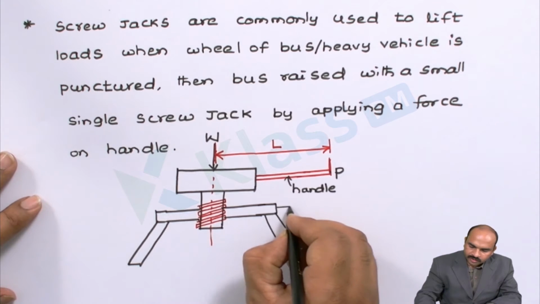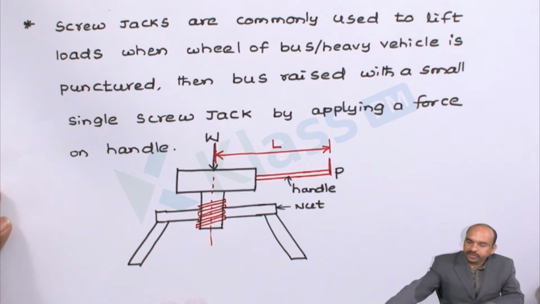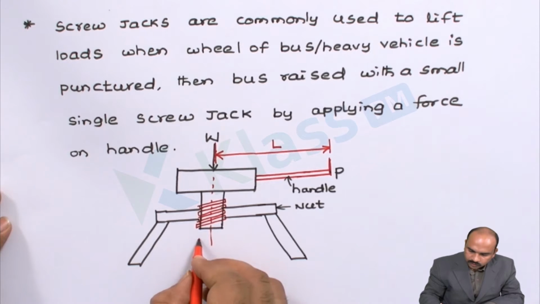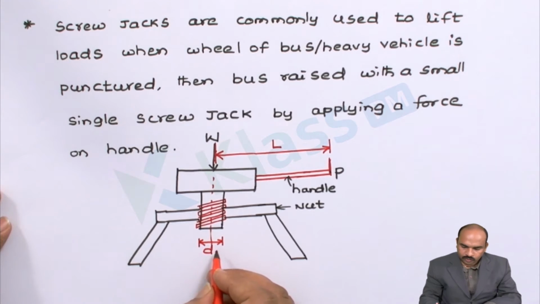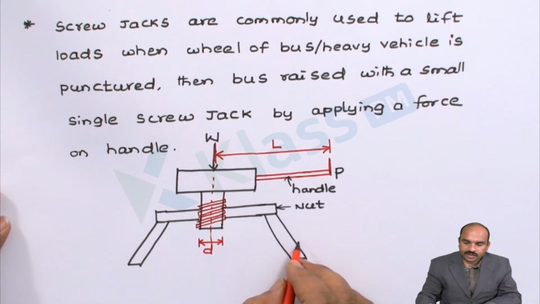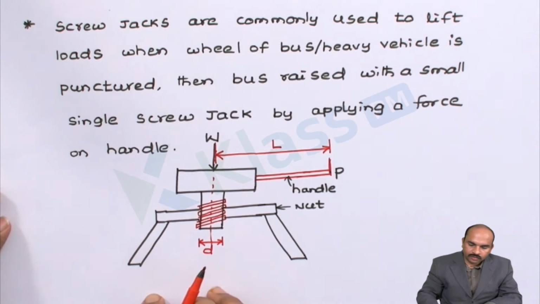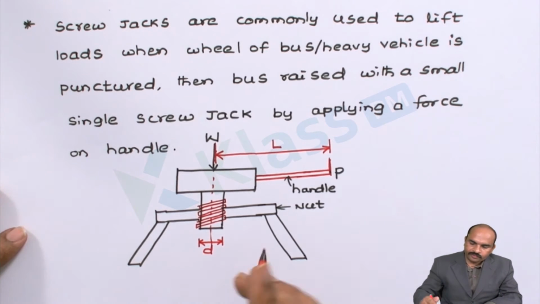Now this one is a nut. The diameter of the screw is D, and this is the supporting structure, the screw jack body. Now let us discuss.